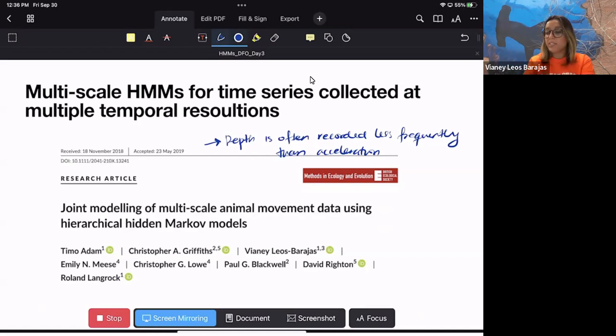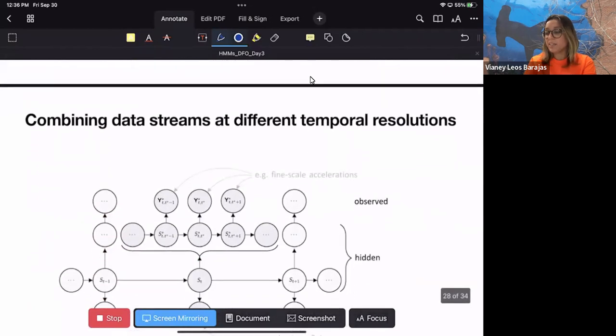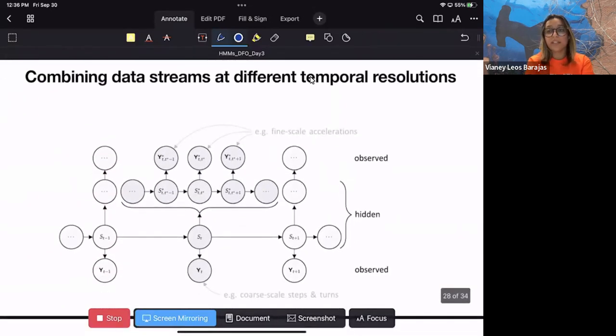So what we thought is, well, we can extend the graphical structure again. So suppose we have one time series where we have data at a coarser temporal scale, then we have another time series here.